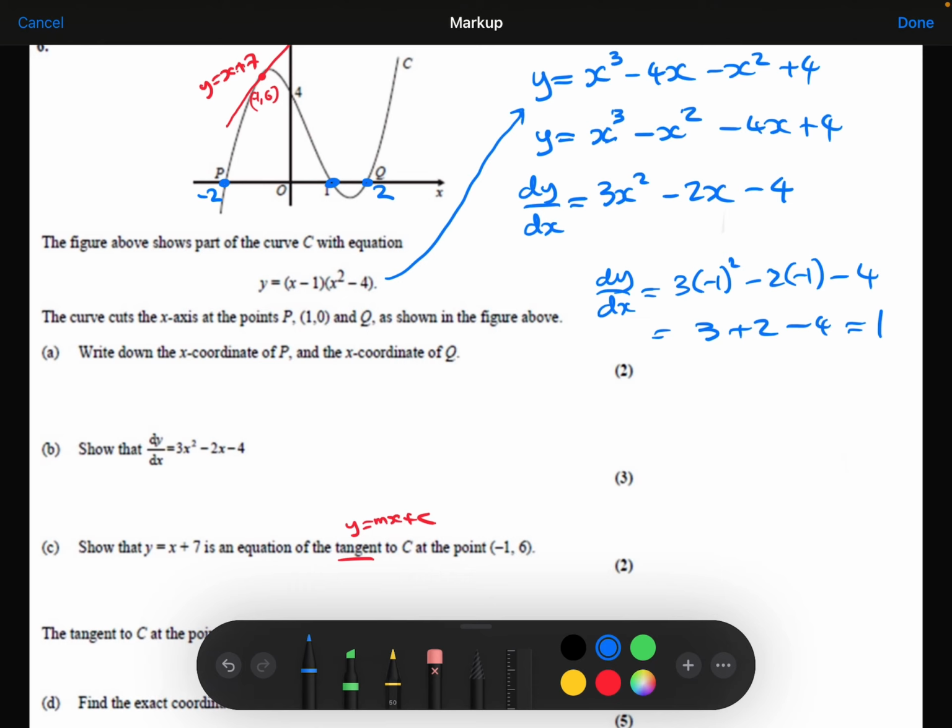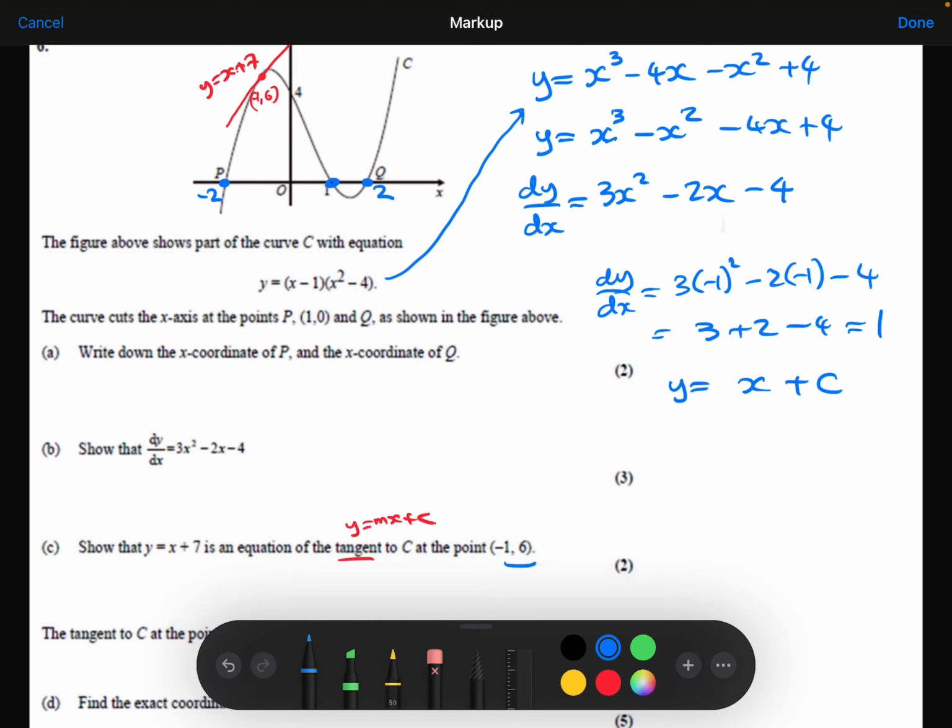So the gradient of my curve when x is minus 1 is 1. Therefore, the gradient of my tangent at that point is also 1. So I can say y equals 1x plus c, or I could just say y equals x plus c.